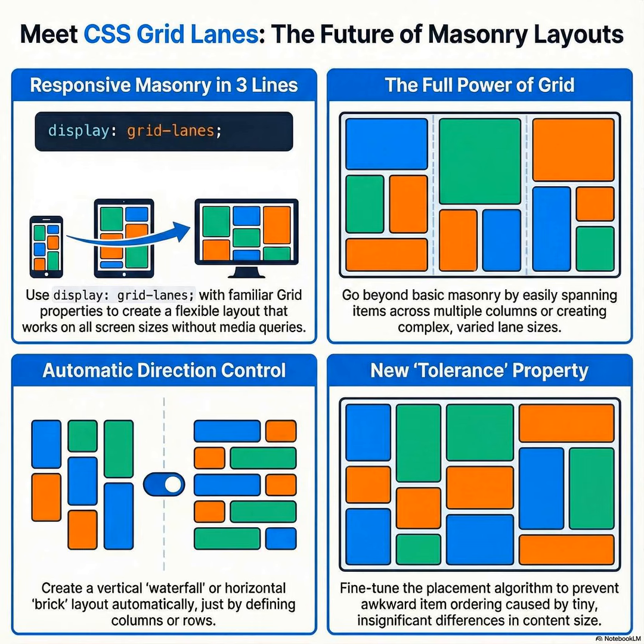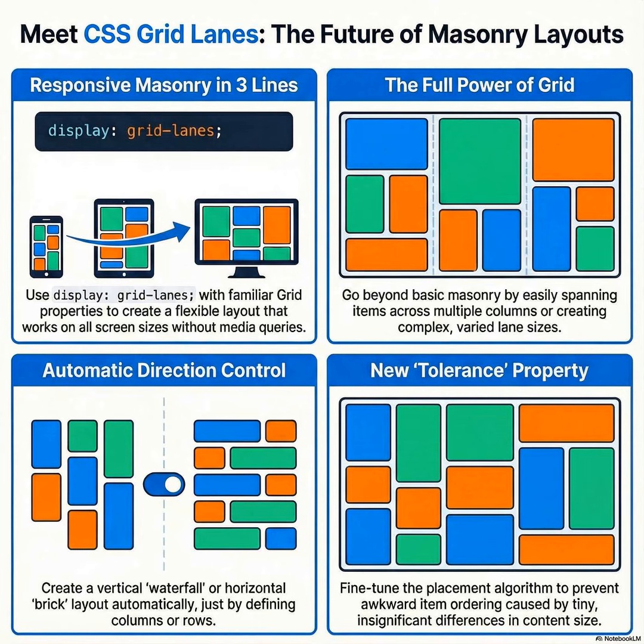But that complex logic brings up a question. You introduce this new concept of tolerance. What happens when 2 columns have a tiny, almost identical height? That's where tolerance comes in. It basically adjusts how picky the algorithm is. The default is 1em, so about 16 pixels. Right. So if the height difference between 2 columns is less than 16 pixels, the browser will prioritize the natural reading order over absolute pixel-perfect placement.